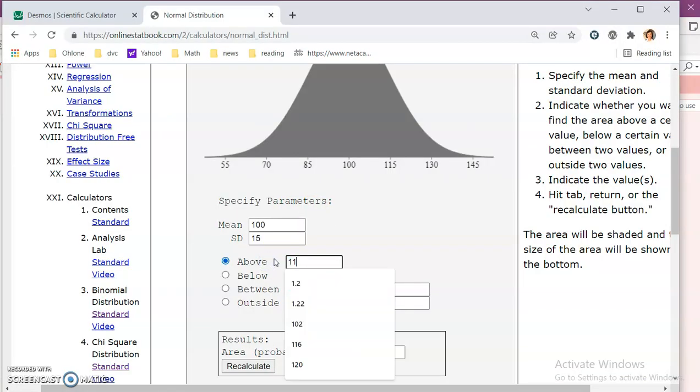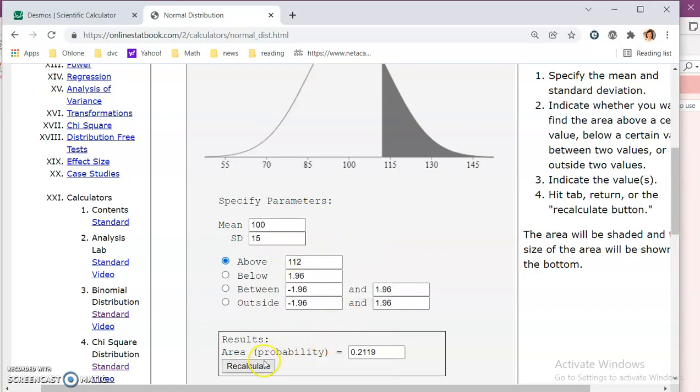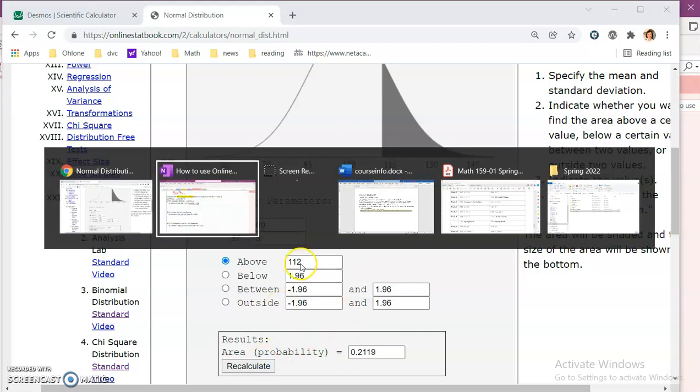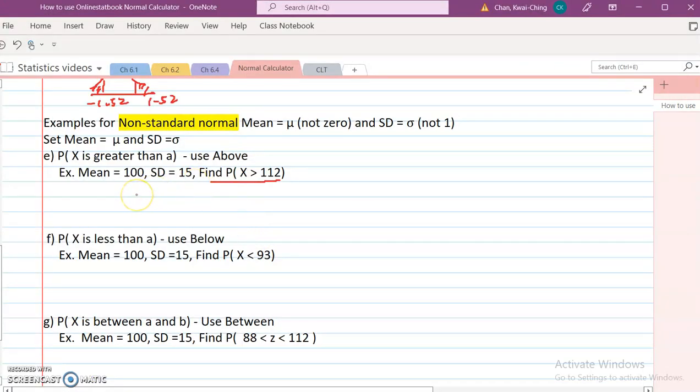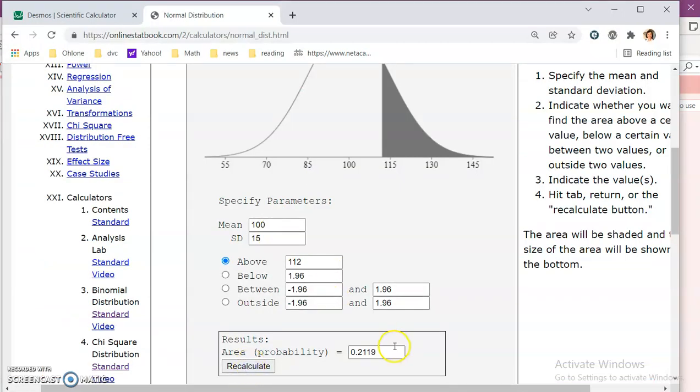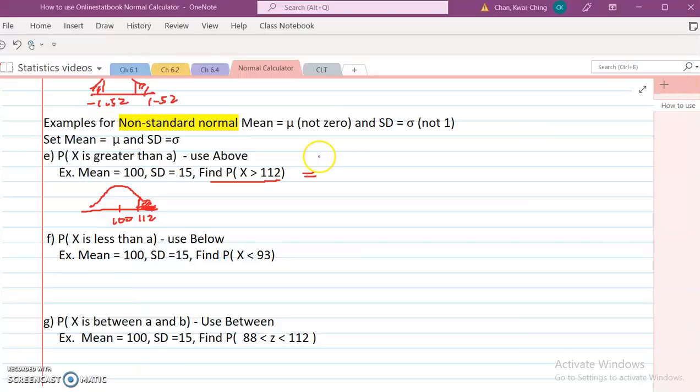We want the chance that it will be greater than 112, so above, right? To draw a picture, you would have 100 here, and 112, and all these numbers are greater than it. After you hit recalculate, the answer is 0.2119.